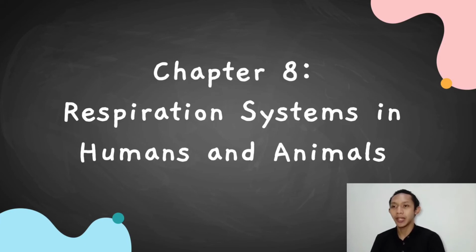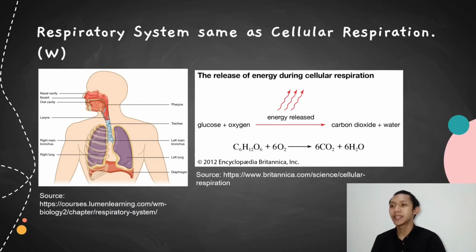Okay, proceed to chapter 8, which is respiration system in humans and animals. Okay, the misconception of this chapter is that the respiratory system is the same as cellular respiration. The student usually has this misconception while learning the topics of chapter 7 and chapter 8.